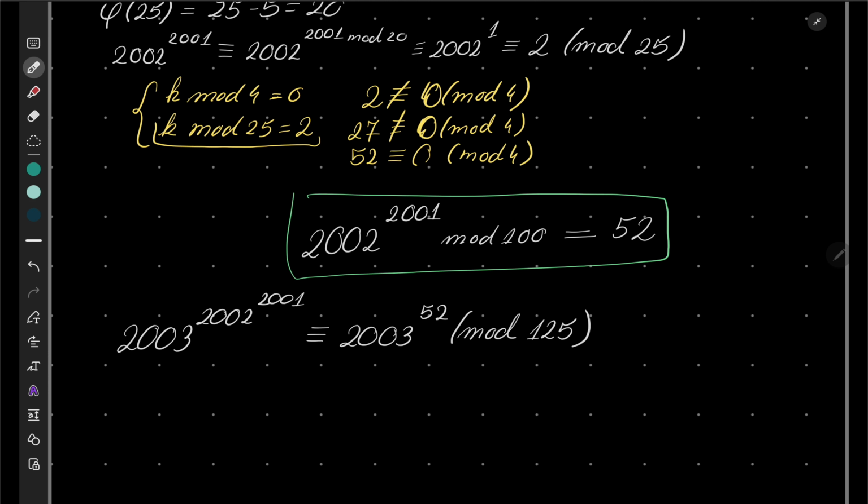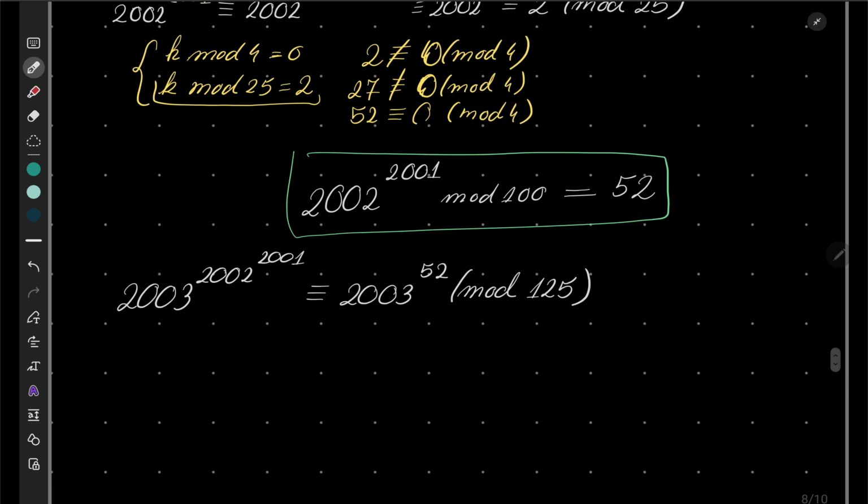Okay, but 52 is still a big number. It's not as big as 2002 to the power 2001, but it's still big. But there is a well-known method to simplify it. First of all, notice that 2003 is congruent to 3 modulo 125. So we wish to find this number.